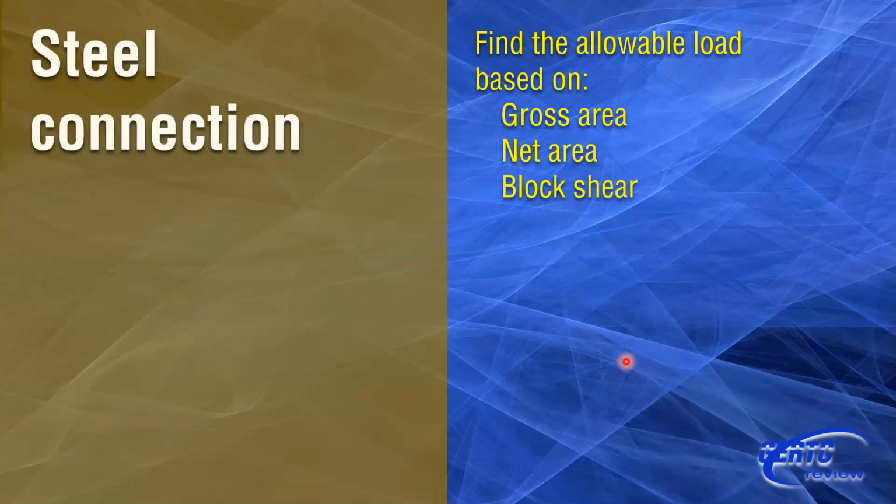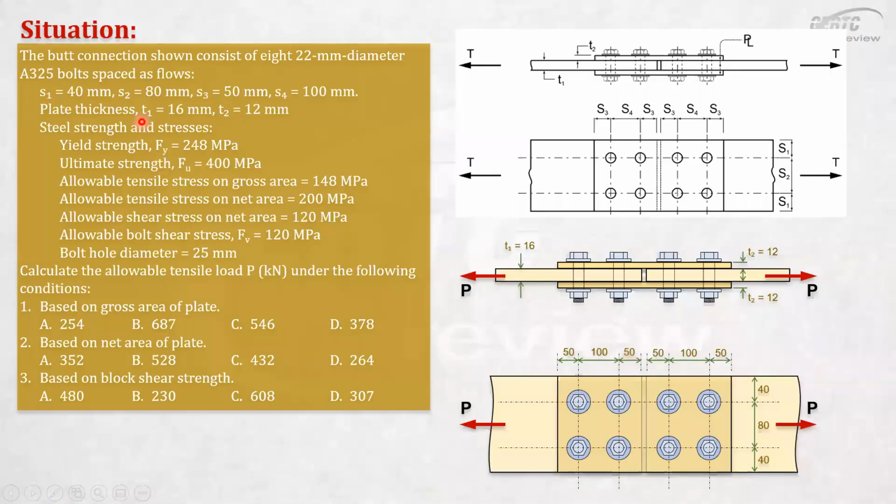Okay, so this is the question. This is a butt connection. The main plates are joined, and then side plates are provided, so we call them splice plates. The butt connection consists of 22 mm diameter A325 bolts, spaced as follows.